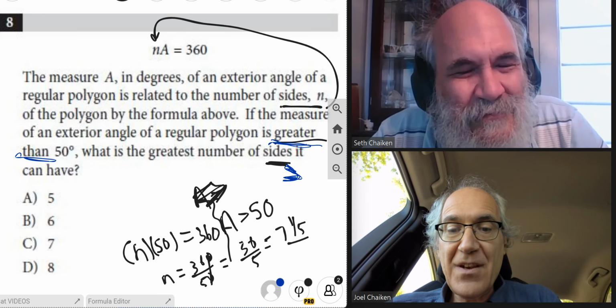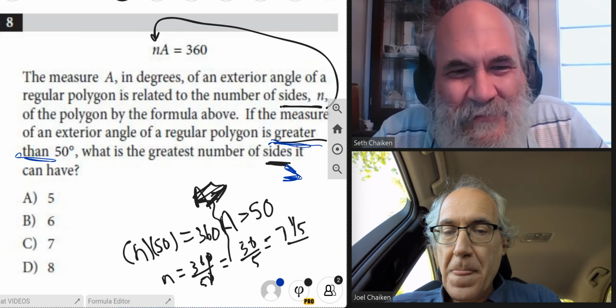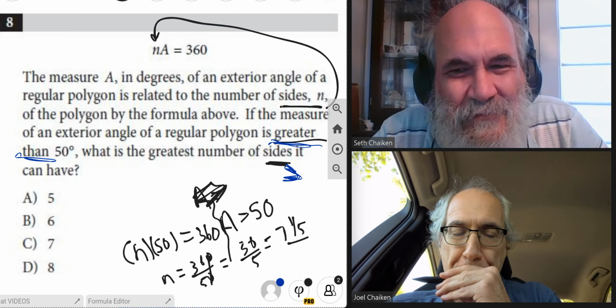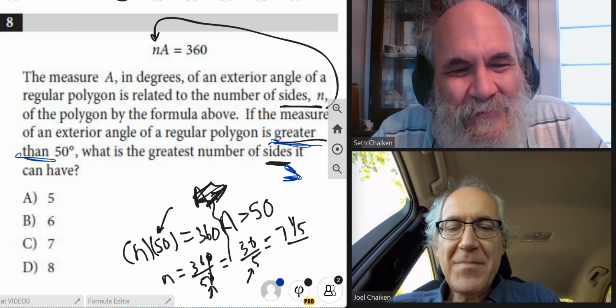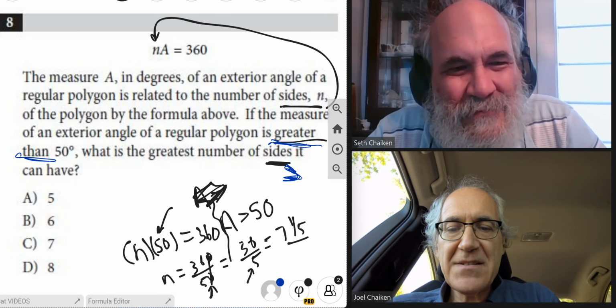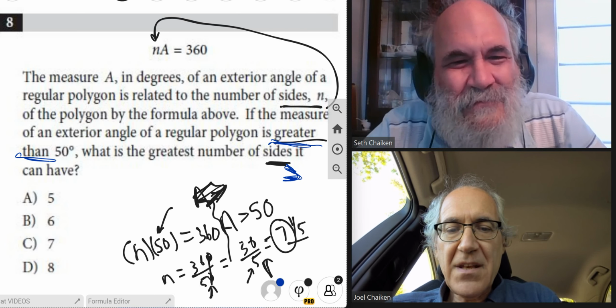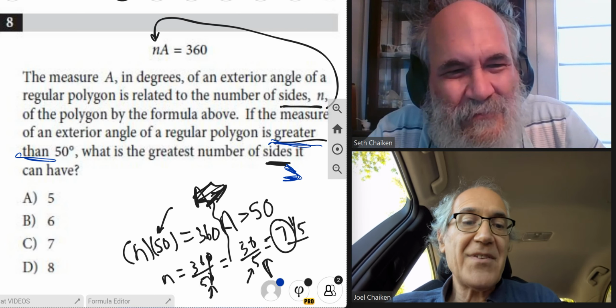So if this number is greater than 50, this number is greater than 5, and that means this number has to be lower. So it looks to me like the answer has to be lower than 7 and a fifth.